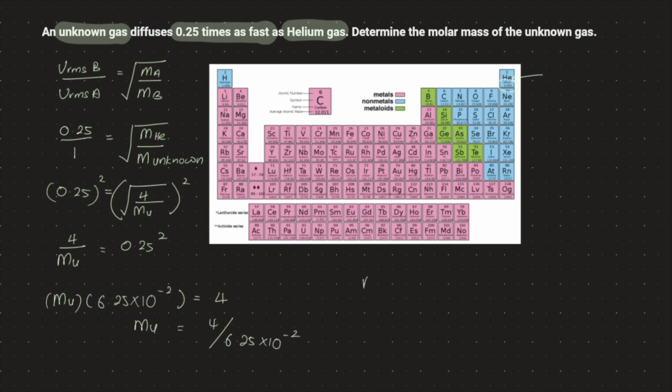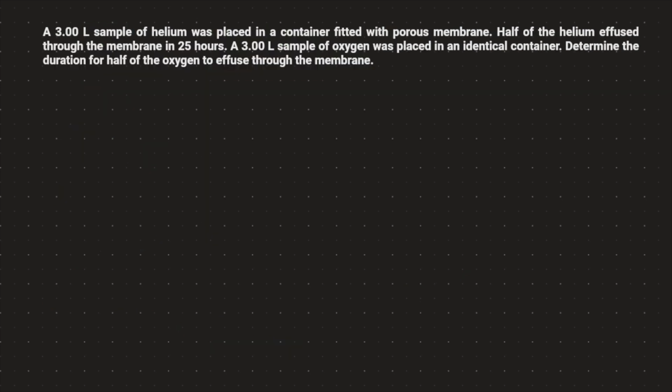You will get the molecular weight for your unknown as 6.4 times 10 to the power of 1, which is equivalent to 64 grams per mole. So this is the final answer for the first question.